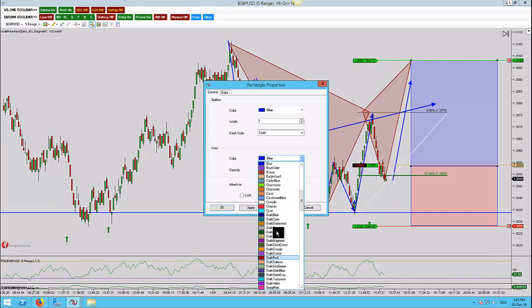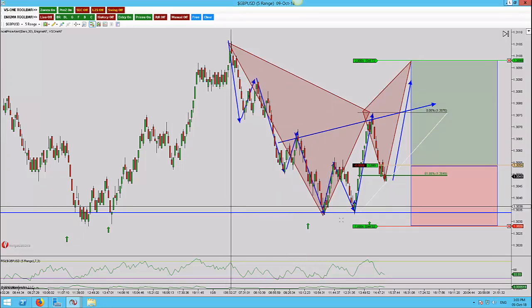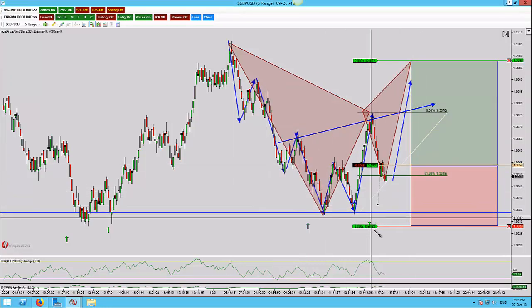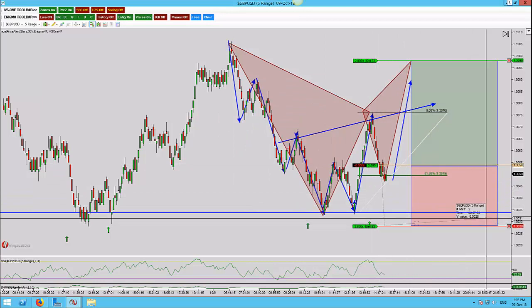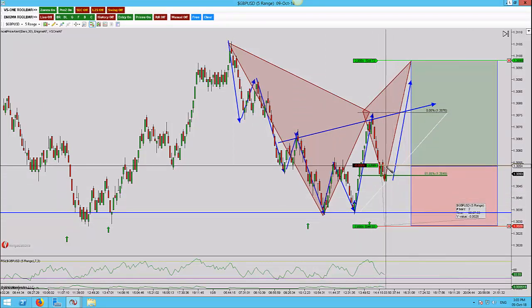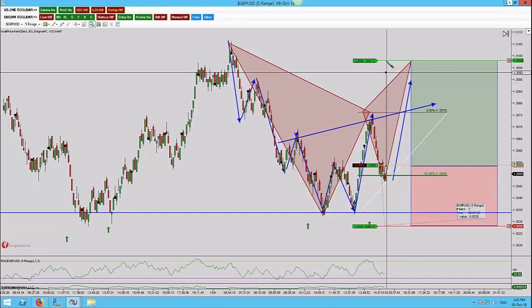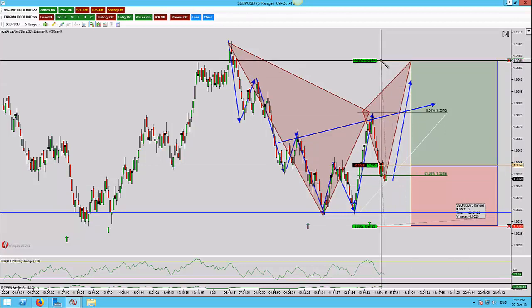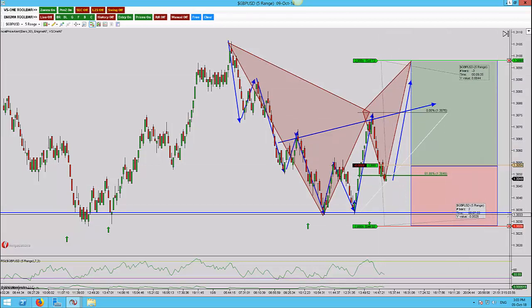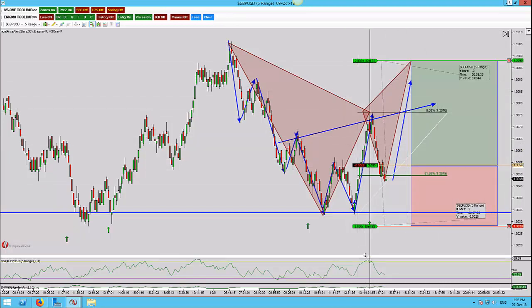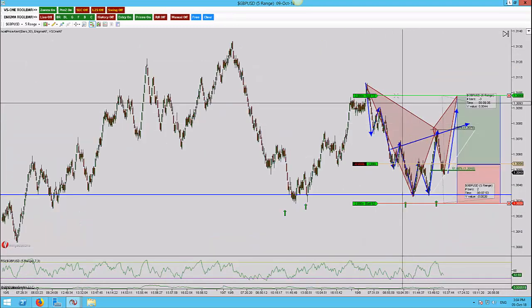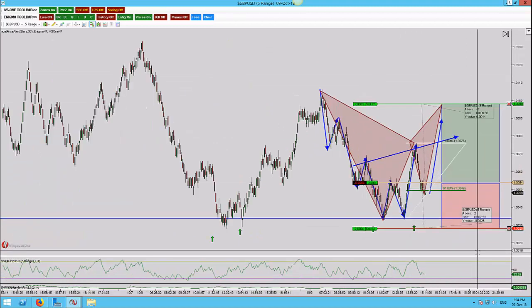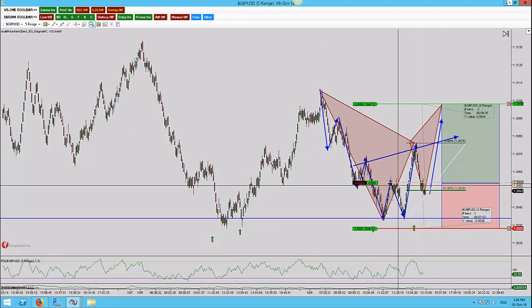So I'm being a little bit more conservative with targets. And there we go. Okay, so 26 pips, and I'm playing for past that AB equals CD pattern, and I'm playing for 44, which is the completion of the bat pattern. And I think if we break further up as well, we could actually see a big Gartley pattern there. But there you go, that is the trade.